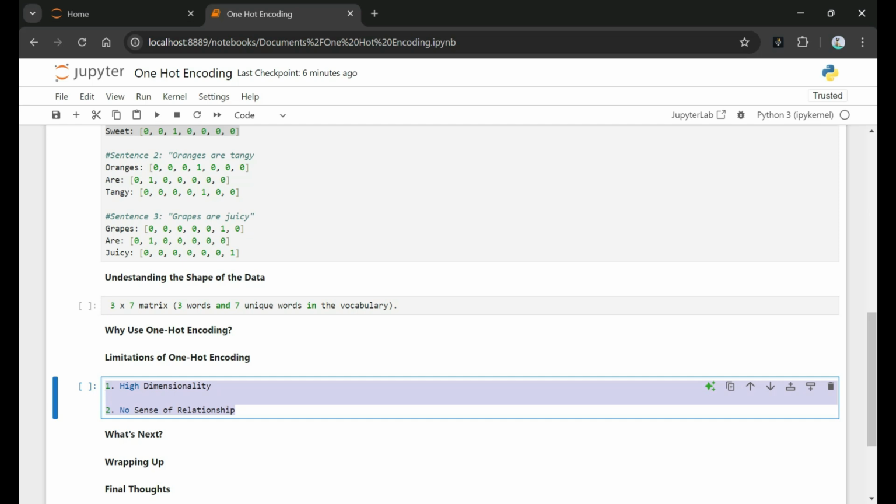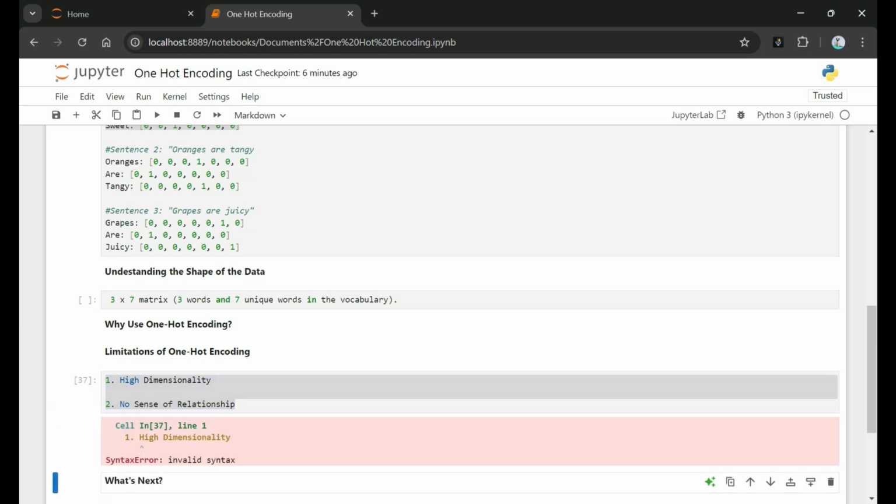The second limitation is no sense of relationship. It doesn't capture any relationship between words. For example, sweet and tangy are both taste descriptors but are treated as completely unrelated in one-hot encoding.